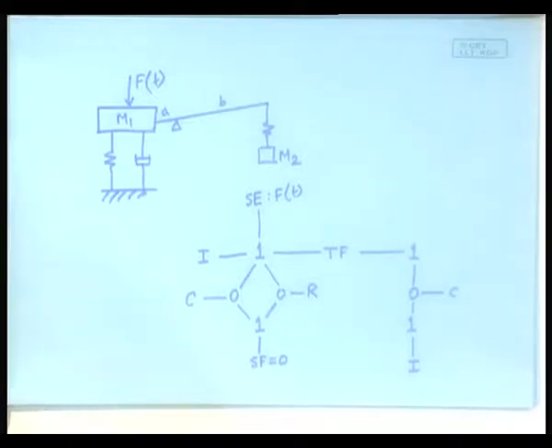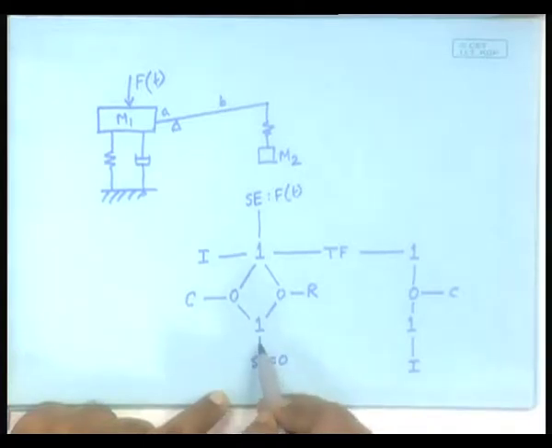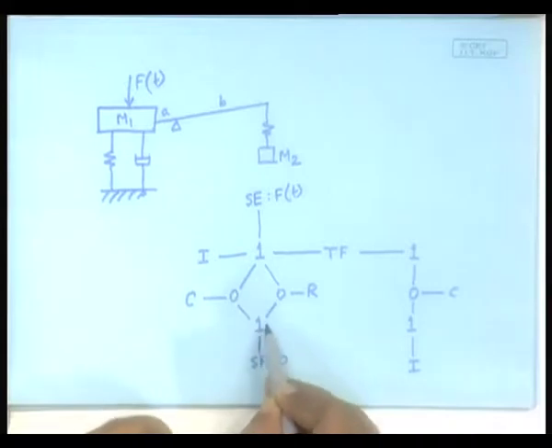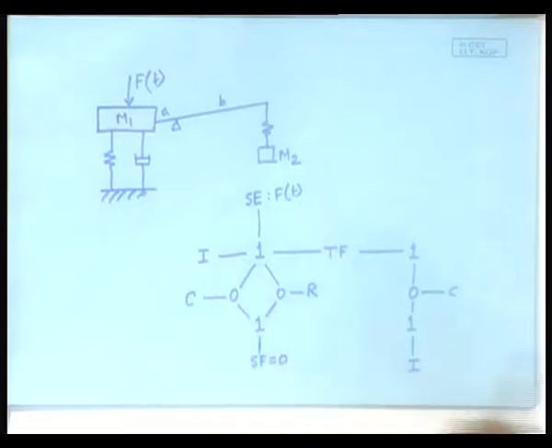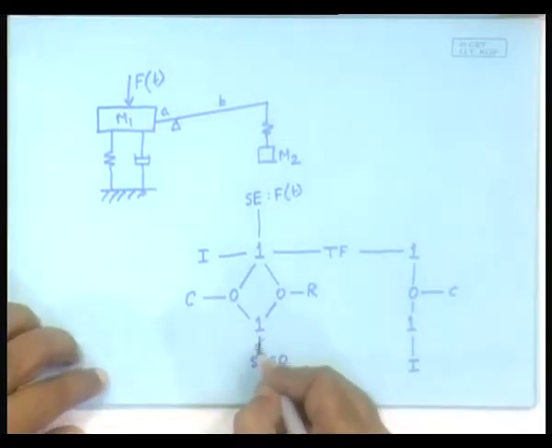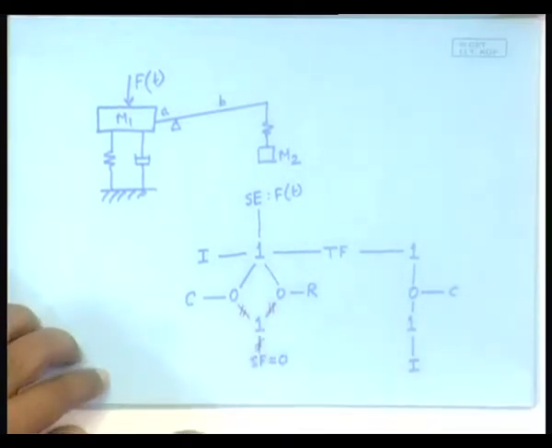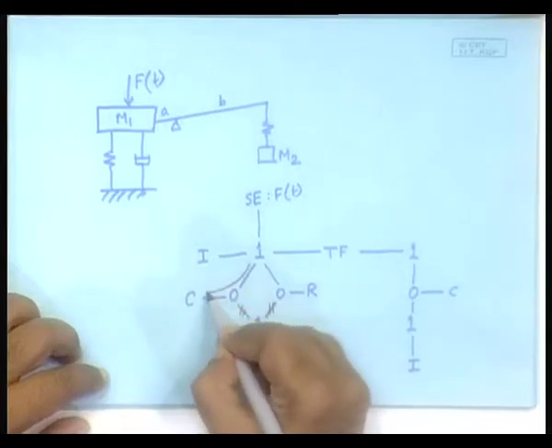Okay. Now, this SF being equal to 0 will immediately mean that this bond carries no power. Since this is a 1 junction, that will mean that this and that, these two bonds, carry no power. So, we will eliminate this. As a result, this becomes a through bond, we can connect directly.